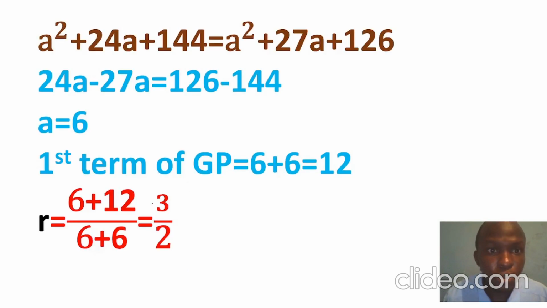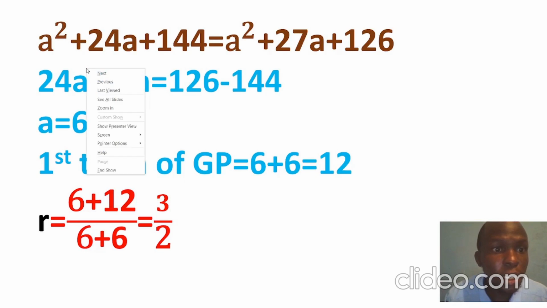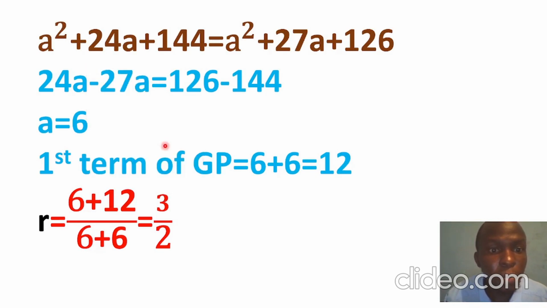It boils down to a squared plus 24a plus 144 is equal to a squared. Cancelling the a squared, in fact it is not a quadratic. You just cancel the a squares because they cancel one another, and then it's going to be a linear equation. So 24a equals 144, then the value of a is 6. The first term of the GP is 6, but we have not been asked the first term, but we are going to use it somewhere else.